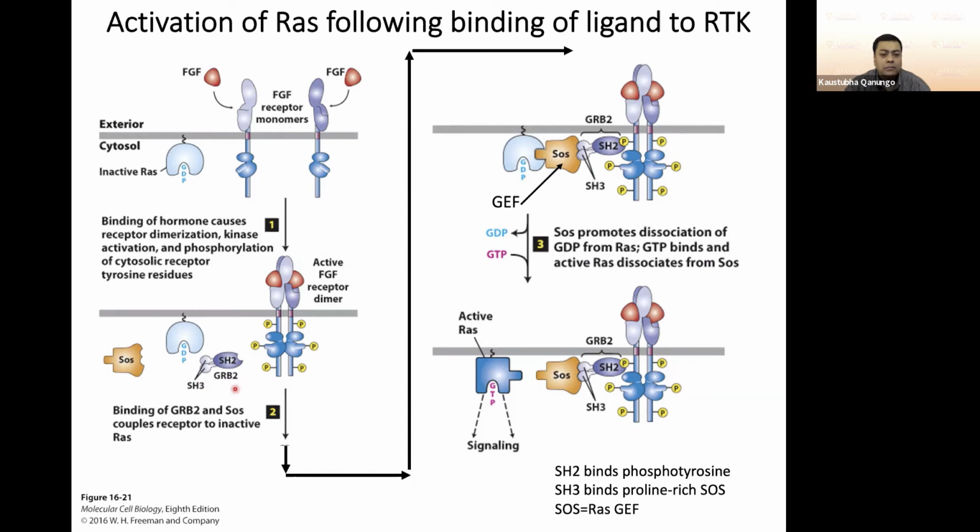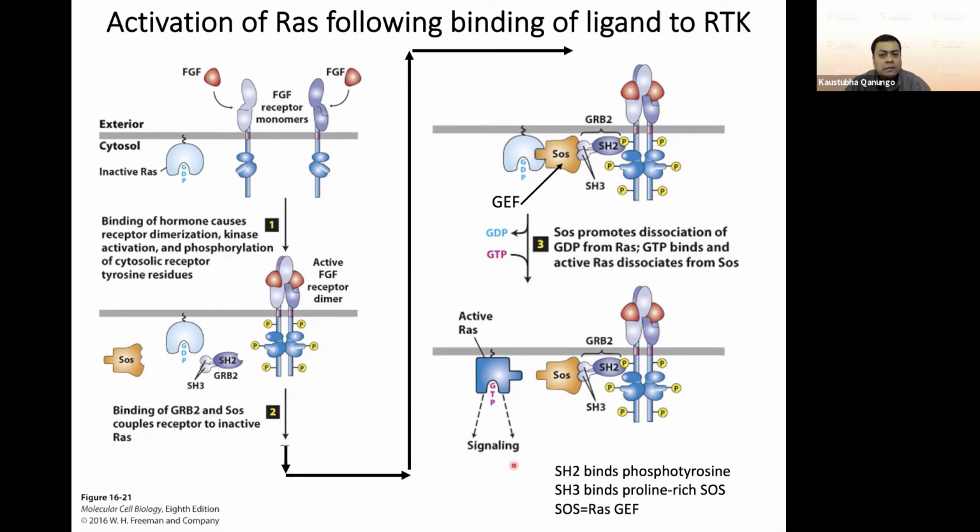I highly suggest you at least listen to the video, particularly for that, how SOS comes in, the interaction of the GRB2 and the SOS, how this actually happens, and how the active RAS is separated out from there and the signaling happens. So pretty much the whole process. This is an important area.